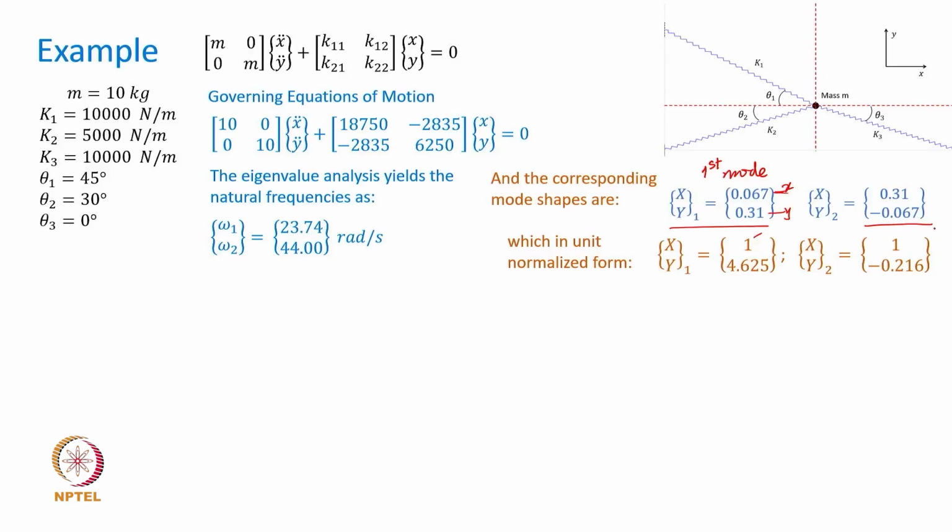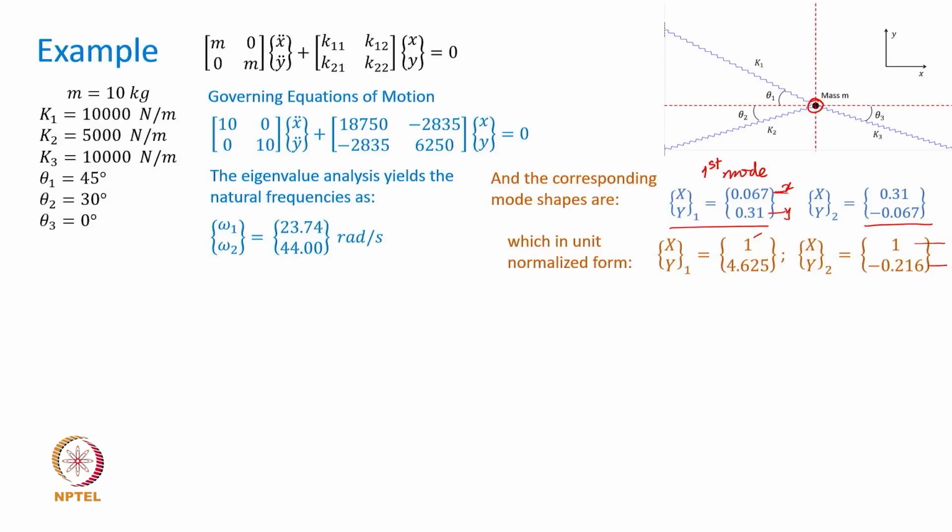On similar lines, when this mass executes vibratory motion at the second natural frequency, the displacement pattern will be such that when x has an amplitude of unit displacement, then y at the same time will have a displacement value of minus 0.216.